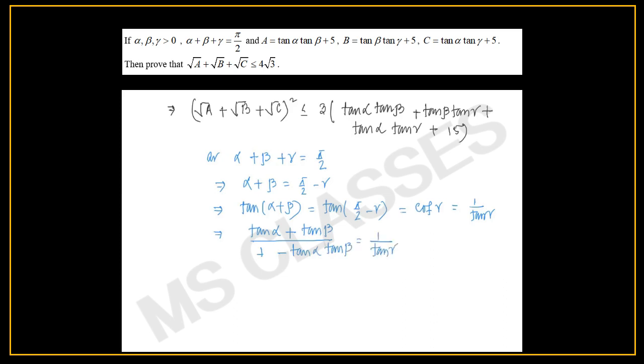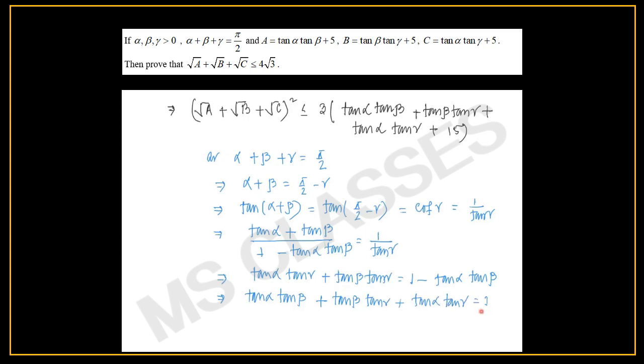Now we cross multiply. After cross multiplication we get tan alpha tan gamma plus tan beta tan gamma equals 1 minus tan alpha tan beta. Now tan alpha tan beta plus tan beta tan gamma plus tan alpha tan gamma equals 1.